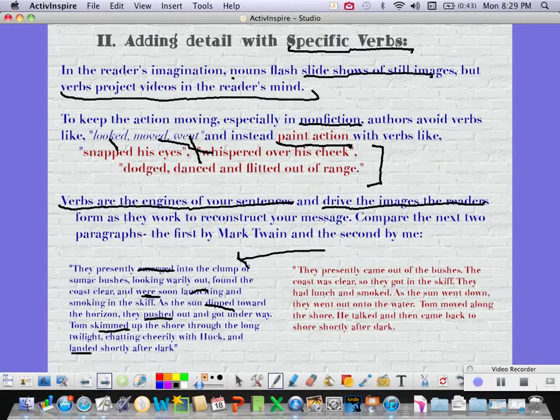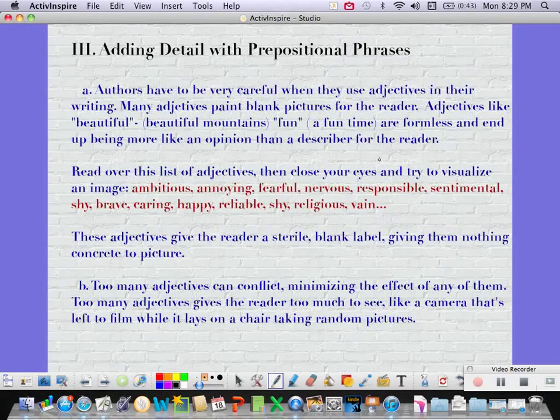The third grammatical structure is with prepositional phrases. Prepositional phrases are a way to avoid using adjectives. Adjectives are really not a very good way of describing something, and adjectives usually prop up a weak noun or verb. You have to be careful when you use adjectives. Many adjectives paint blank pictures.